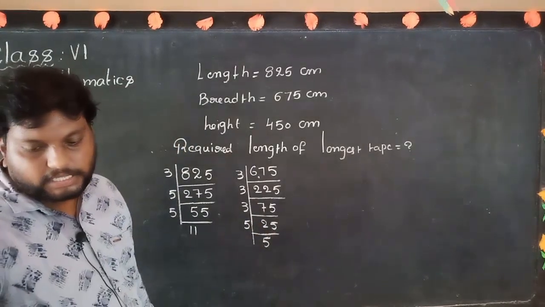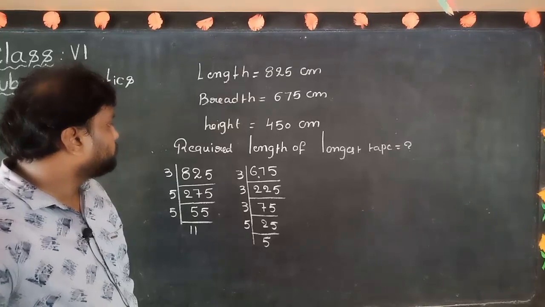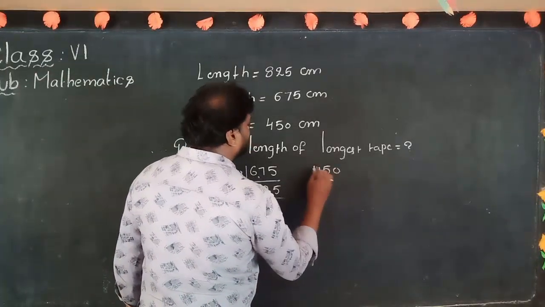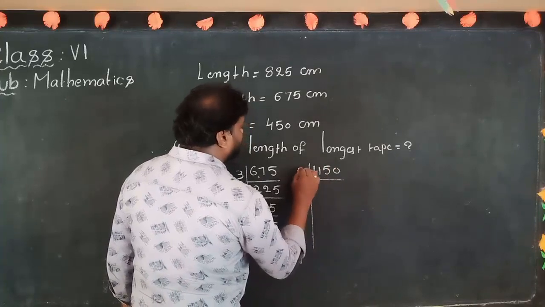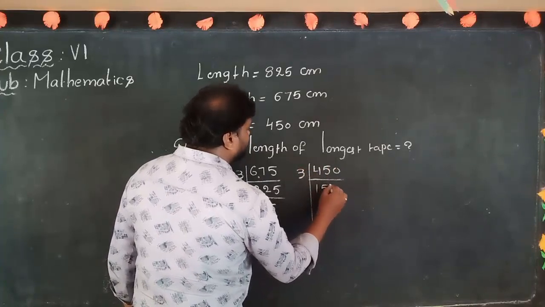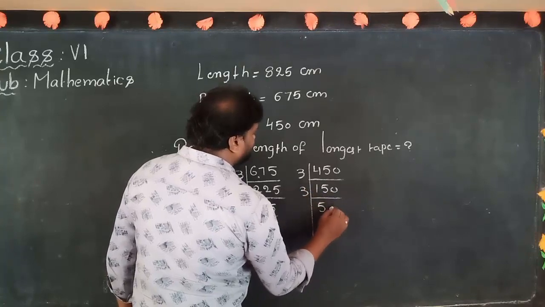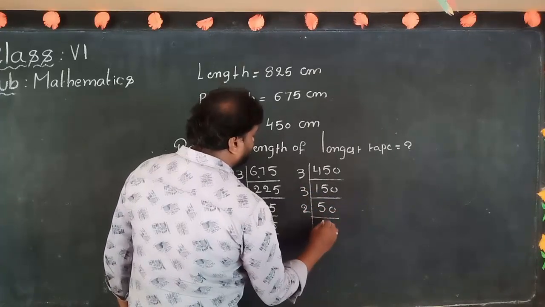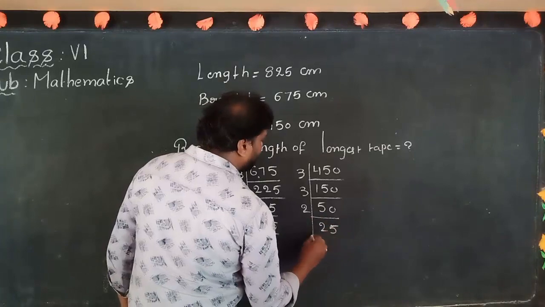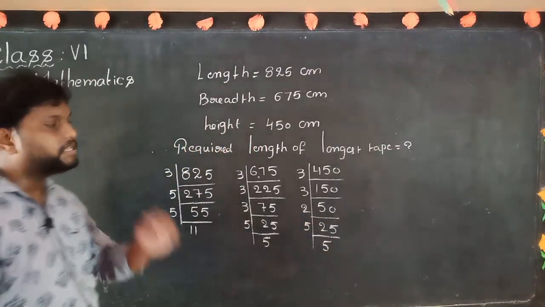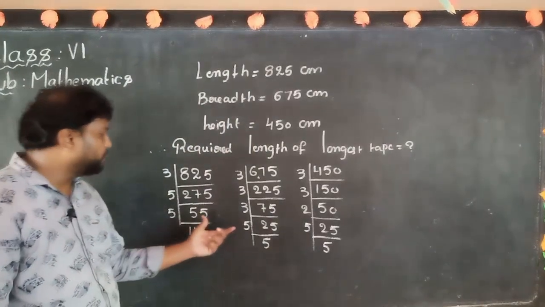Okay. Next 450. 3 150s are 450, 3 50s are 150, 2 25s are 50 and 5 5s are 25. Okay, these are the prime factorization method.